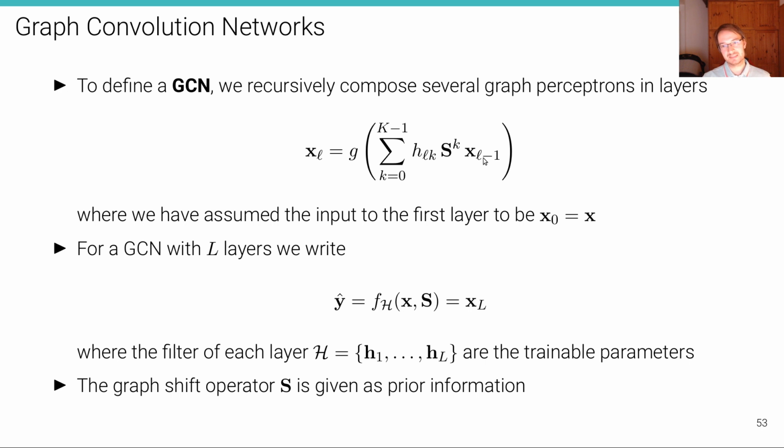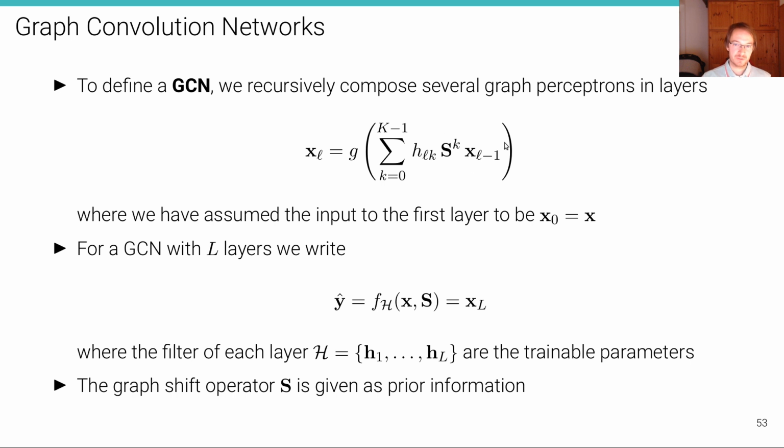So we take the signal from the previous layer, we multiply it with s to the power of k, and then with this scalar coefficient h_lk, the coefficient at layer l and for that particular k here.